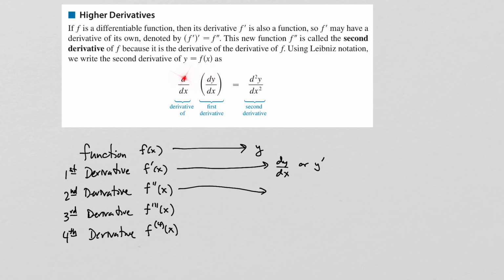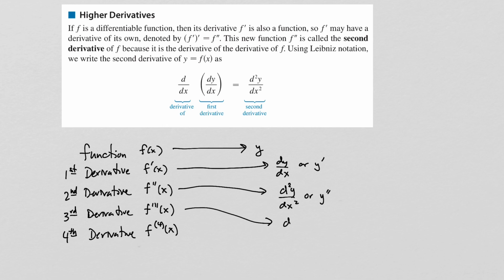So if you apply this to the top, you get d dy, which they notate d squared y, and then dx dx is dx squared. So your second derivative has this sort of interesting notation, d squared y dx squared, or of course you can call it y double prime.